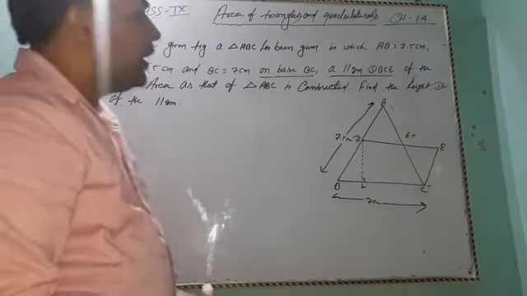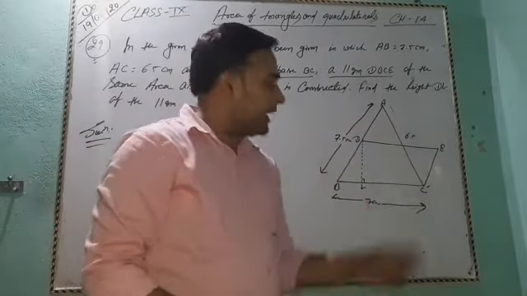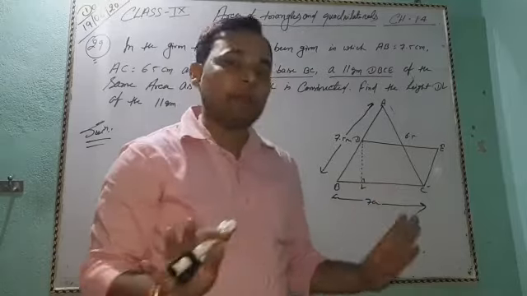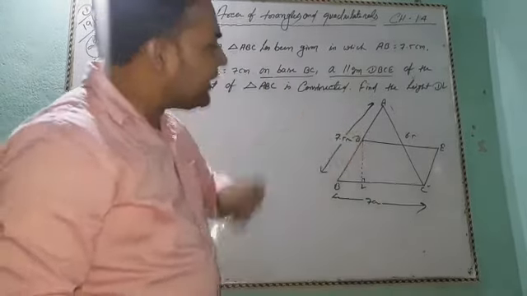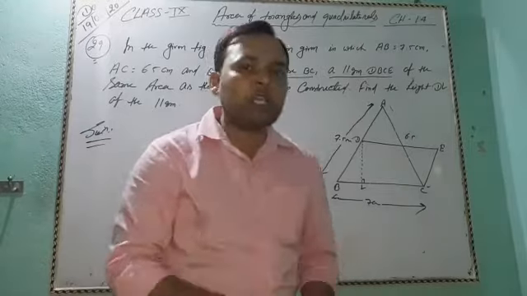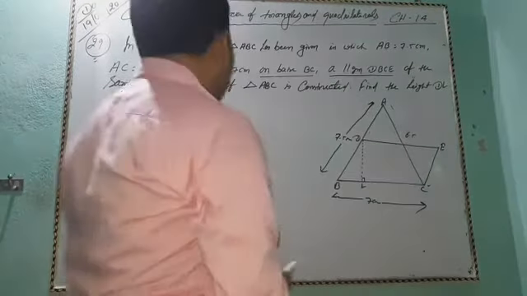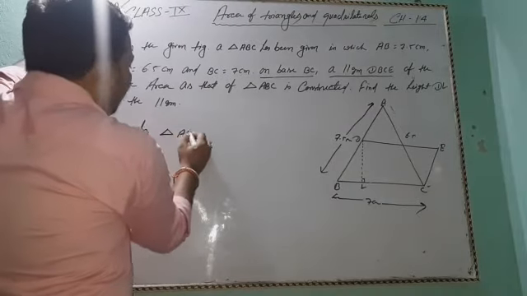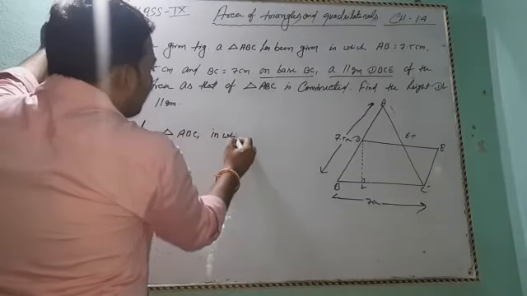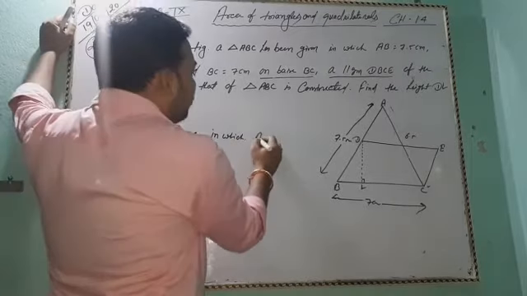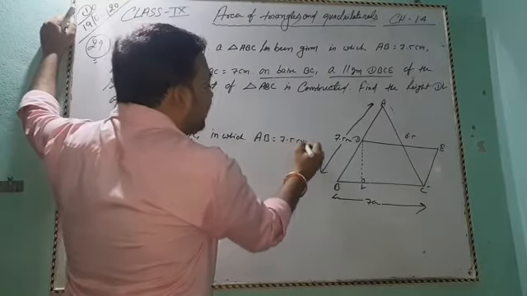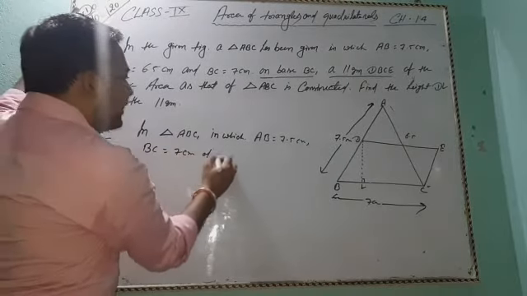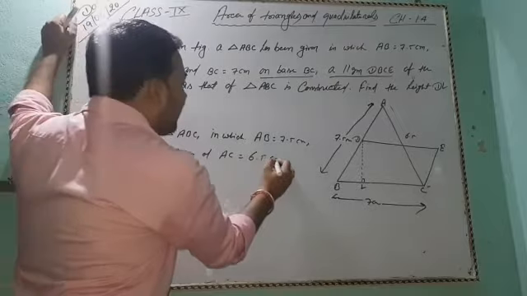Students, in triangle ABC all sides are given: AB, BC and AC. So first of all we find the area of triangle ABC by using Heron's formula. In triangle ABC, AB equals 7.5 centimeter, BC equals 7 centimeter and AC equals 6.5 centimeter.